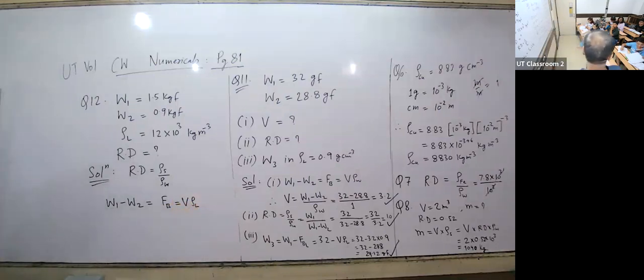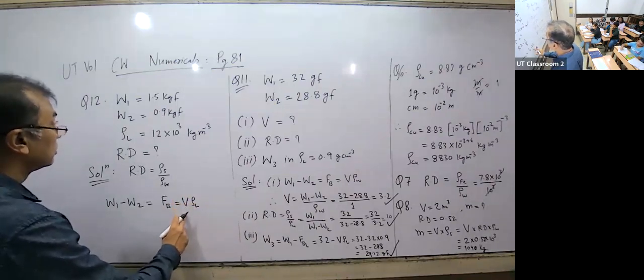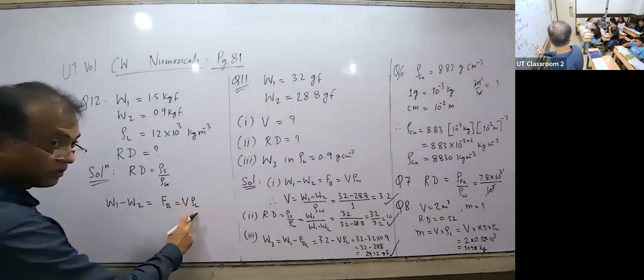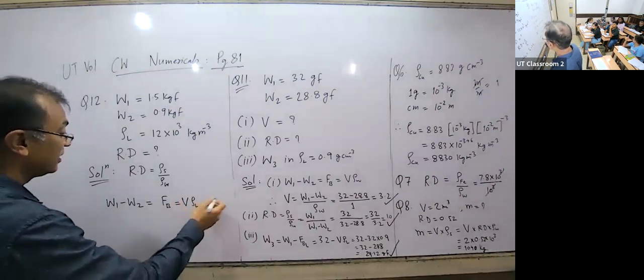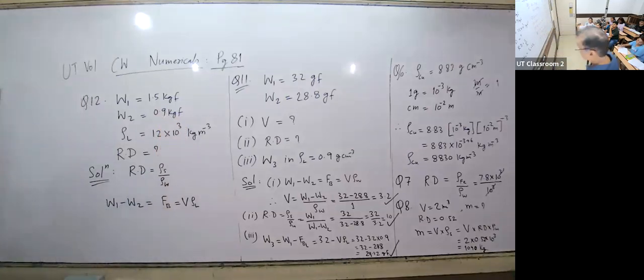Okay. Now W1 and W2 are given. Then volume of substance, mass into density of liquid, that is the mass of substance. ये तो KGF है, so this is fine, right? So volume कैसे निकलेगा? So we have mass upon density of substance, right? Density of substance तो दिए ही नहीं.